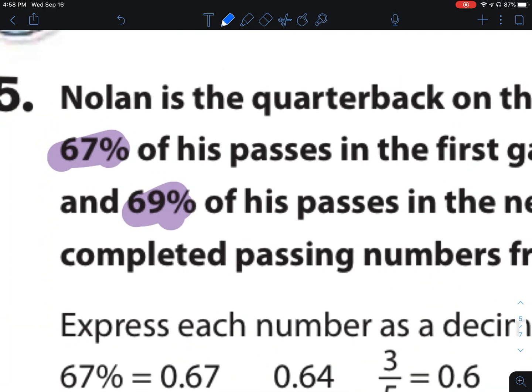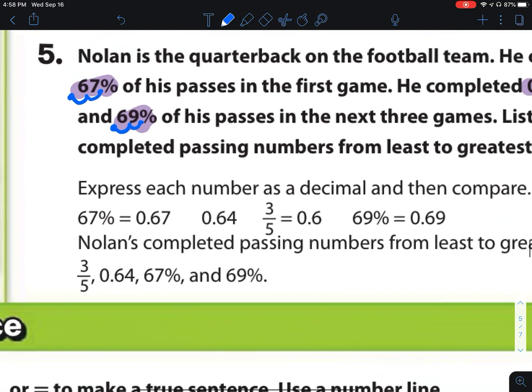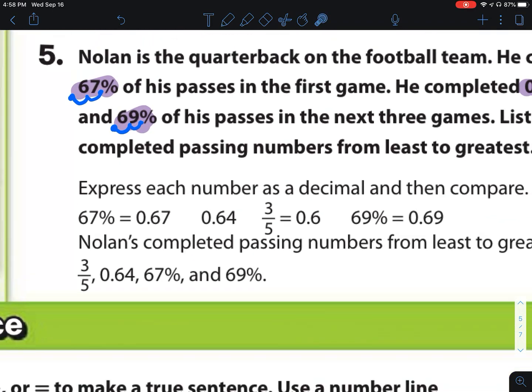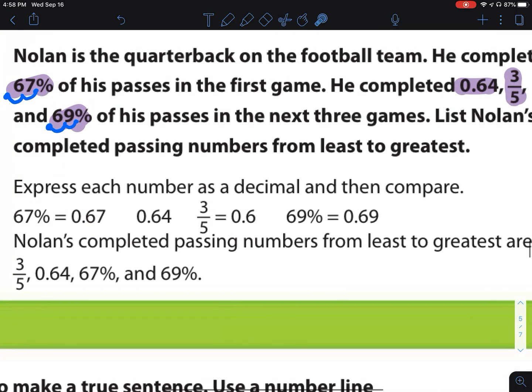We know how to convert a percent into a decimal. We simply move the decimal place, which is here, 2 spaces to the left. And this one too, 2 spaces to the left. So 67% becomes 0.67. 0.64 is already given, so we don't touch it.